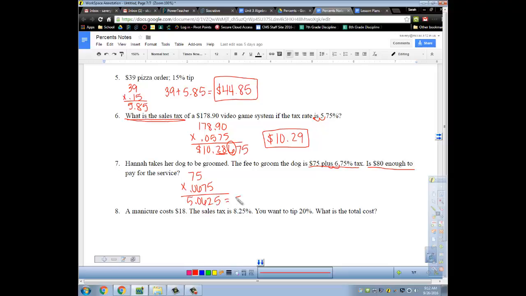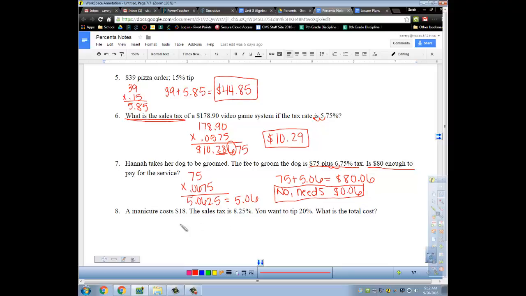So that rounds to about $5.06. So tax is $5.06, so I'm going to add that back on to 75 to get a final cost of $80.06. So I need to see, is $80 enough? So the answer is no. Hannah needs 6 cents. Plus, usually if you go to a dog groomer, you also need to tip, so definitely not enough.